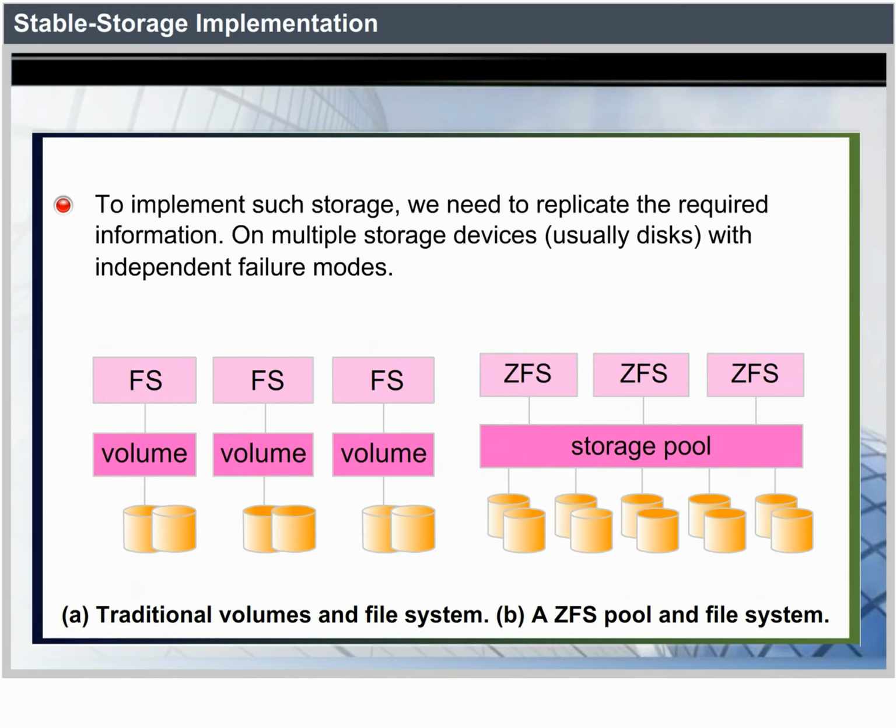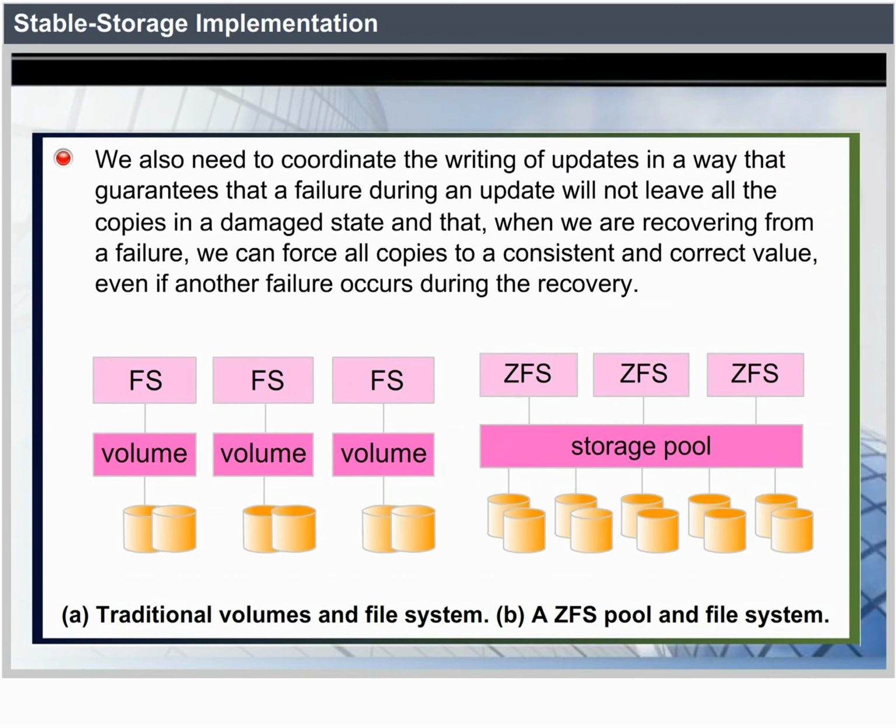We also need to coordinate the writing of updates in a way that guarantees that a failure during an update will not leave all the copies in a damaged state, and that, when we are recovering from a failure, we can force all copies to a consistent and correct value even if another failure occurs during the recovery. In this section, we discuss how to meet these needs.